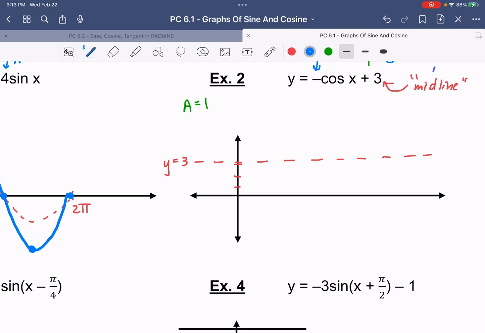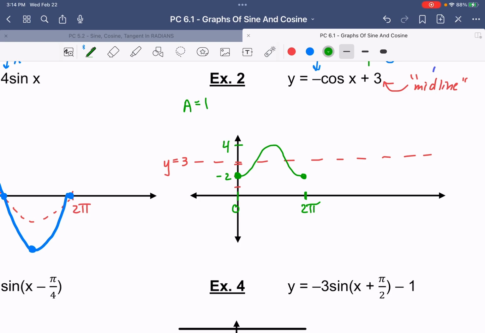Okay. We'll start here at 2. Have a max at 4, and again, we're going to be ending at 2 pi because we started at 0. So I've sketched one full cycle of this curve.